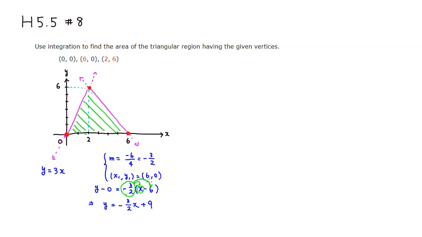Those are the equations, but since we're trying to do it with respect to y, I'm going to have to solve those equations for x. You start out with y equals 3x, the first line there. By dividing through by 3, we get 1/3 y is equal to x.